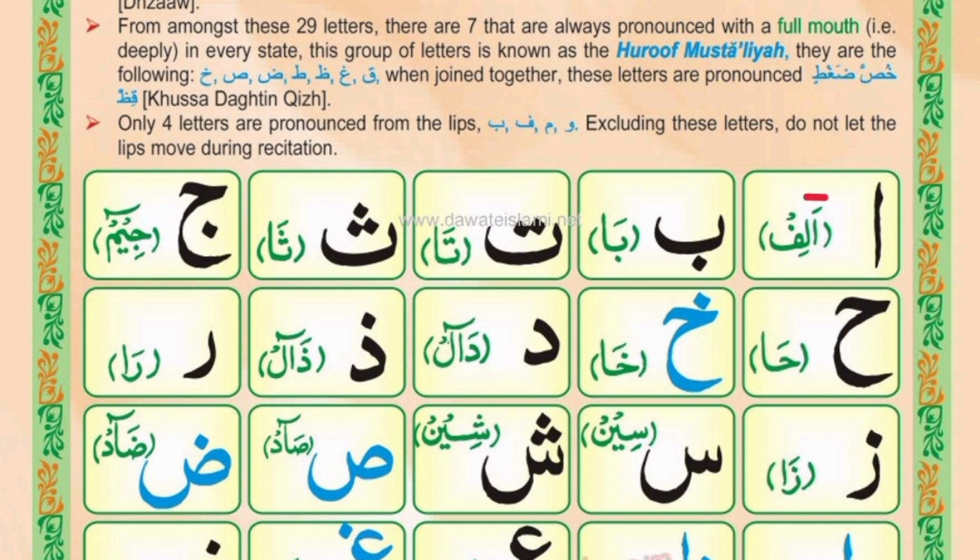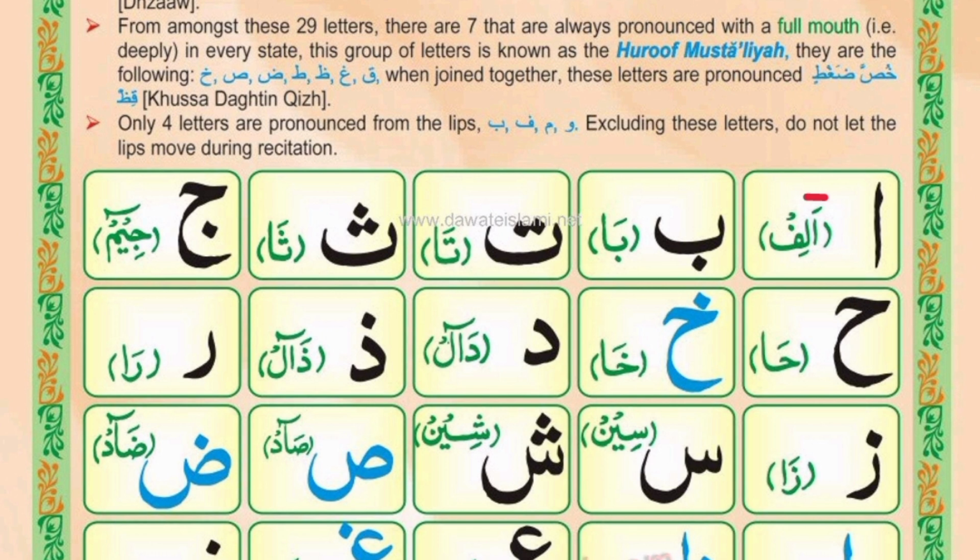The second thing is the attribute, the quality, the sifat of this letter. This letter is from Mustalia, and sad, the previous letter, is also from Mustalia. You are looking at the sky blue color, and on the upper side of this lesson it is written that these letters are huruf mustalia.